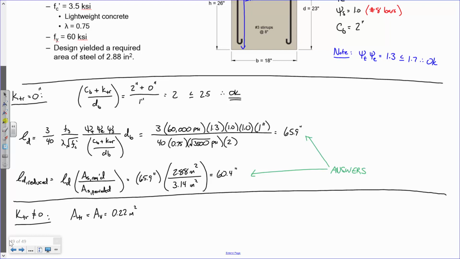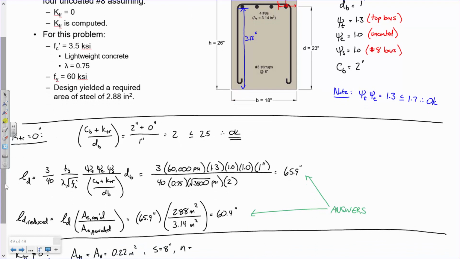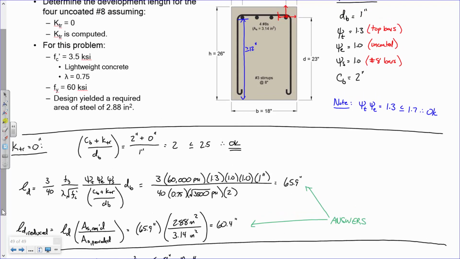Okay? Now, what is our stirrup spacing? And how many bars do we have per layer? Say it again. Couldn't hear you. 4. We're taking the longitudinal bars per layer. 1, 2, 3, 4.